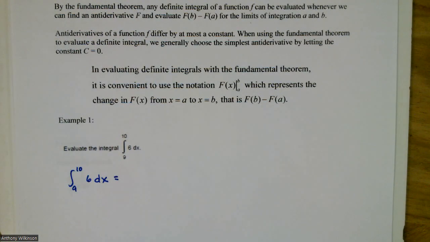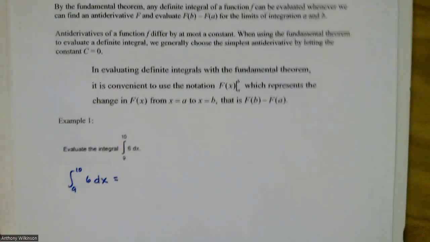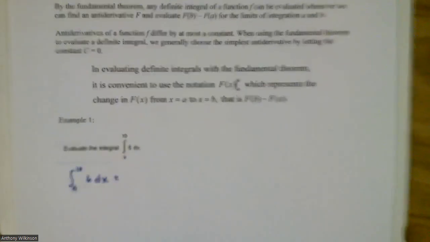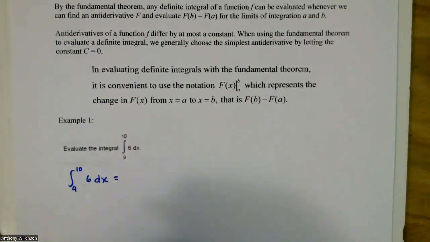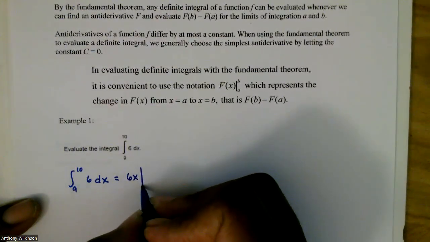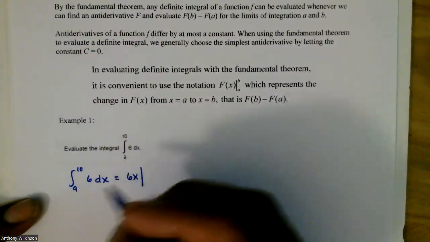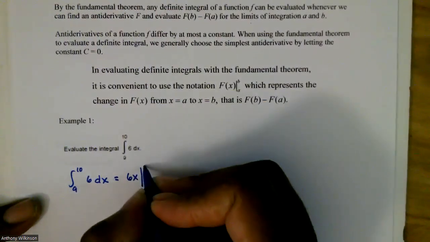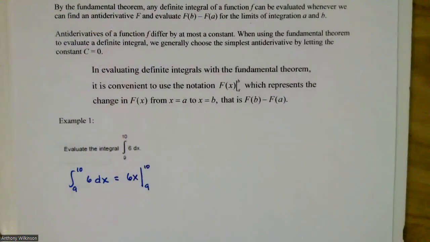Well, we're integrating a constant, and that means it's going to be that constant where we include the variable itself. So the integral of 6 dx would just be 6x. But here we've got our limits of integration from 9 to 10. So it'd be 6x, and we don't include the plus c because we have definite integrals that we're dealing with.